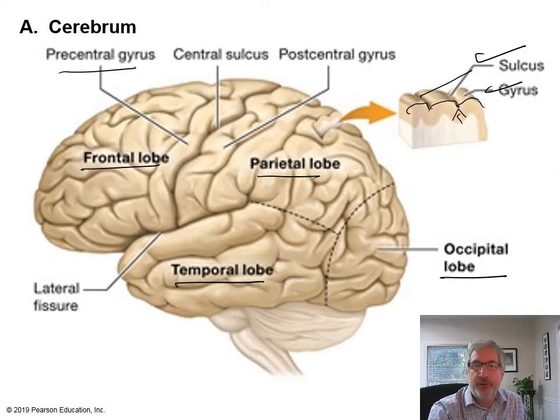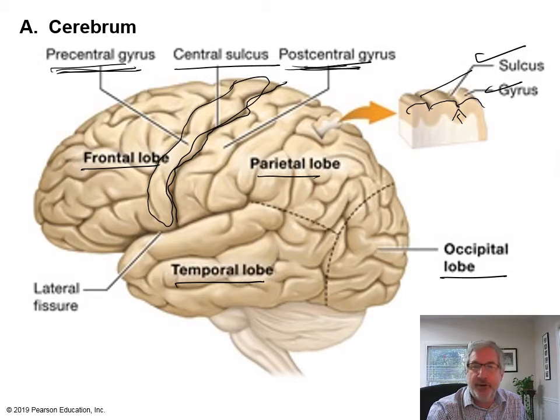So some of the other features of the brain, we'll get into these a little bit deeper later on. But you have a central sulcus. There's a central groove that goes down the middle of the brain there. Okay, and then you have a gyrus that's in front of it, and that's called the precentral gyrus, and that would be this gyrus here. And you have a gyrus that's behind it, called the post-central gyrus, and so that's this gyrus here.